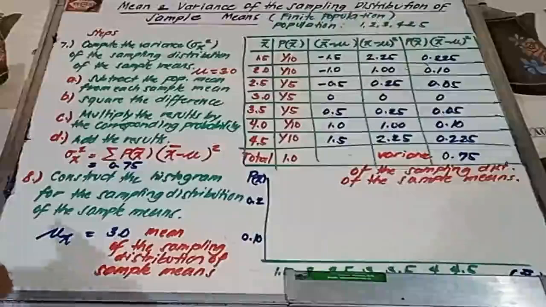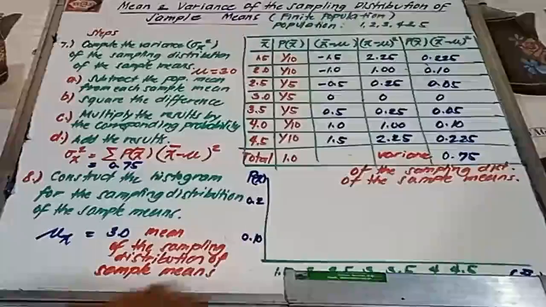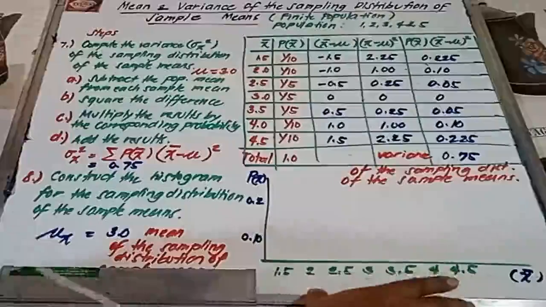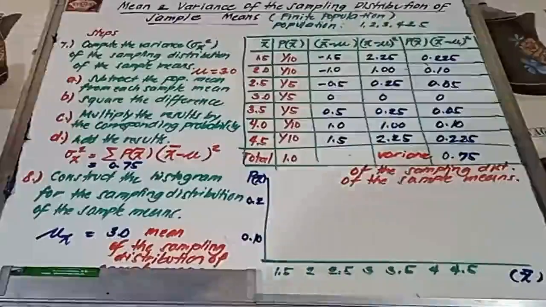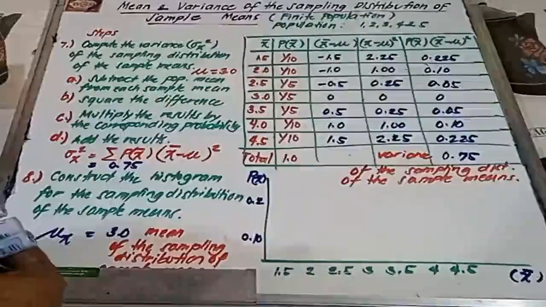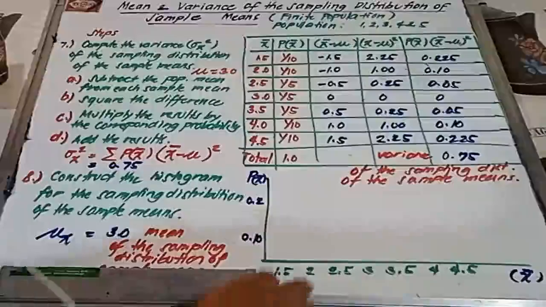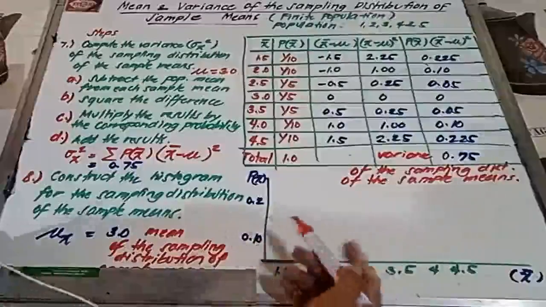Okay? And the last step is we're going to construct the histogram of the sampling distribution of the sample means. So, ang histogram natin, ang x-axis natin, yung ating sample mean, at yung ating y-axis, yung probability of the random variable na kung saan yung random variable x natin, yung sample mean. So, we have 1.5, 1 over 10 is 0.10.